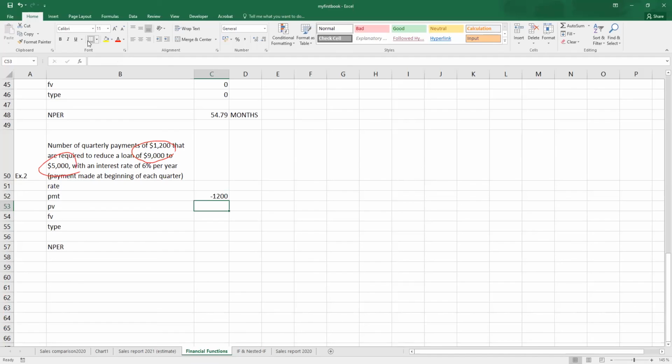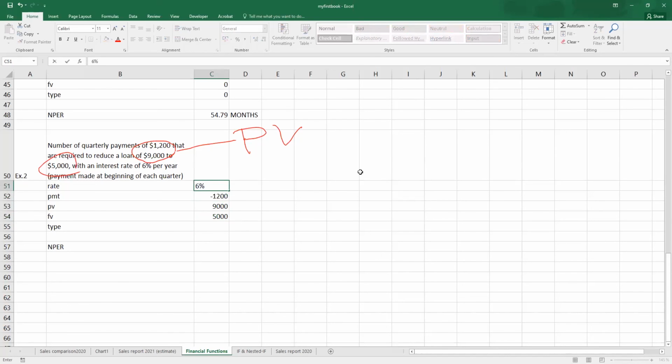That means at the very beginning of the period, PV is 9,000. But instead of clearing off the debt, when you finish this contract you still owe 5,000. So this one is FV.